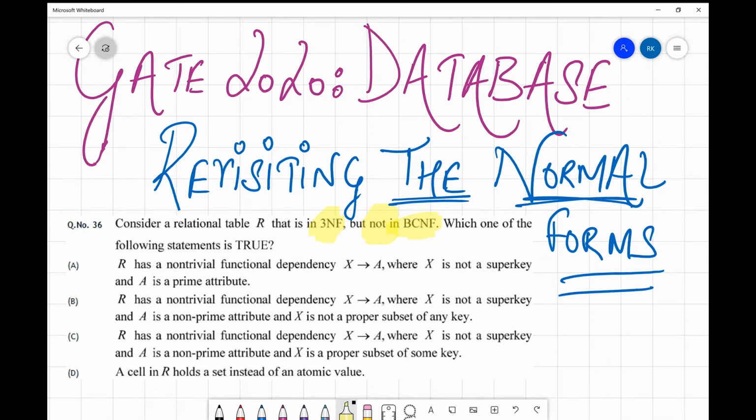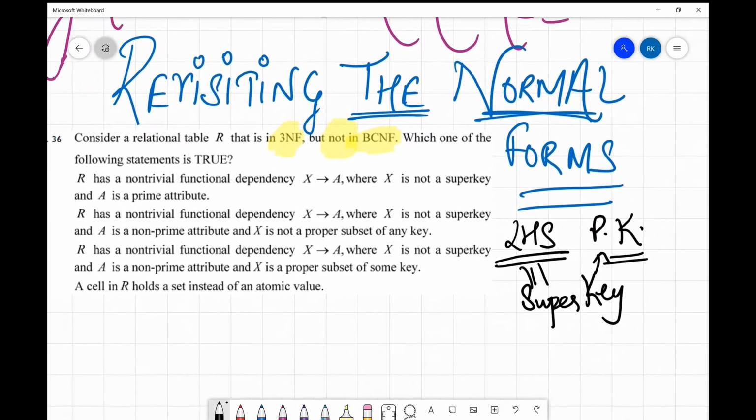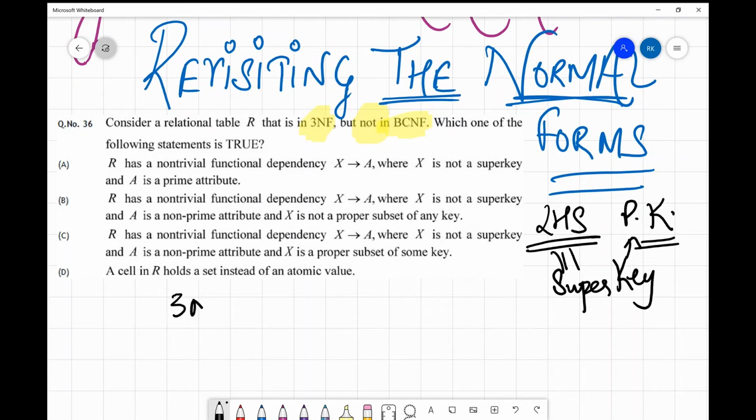We have already discussed this in many of our videos, the shortcut technique: to check if a table is in BCNF, what do we want? We want the left hand side to always be a super key or a primary key, nothing more or less than that. And to check for 3NF, what is the rule?